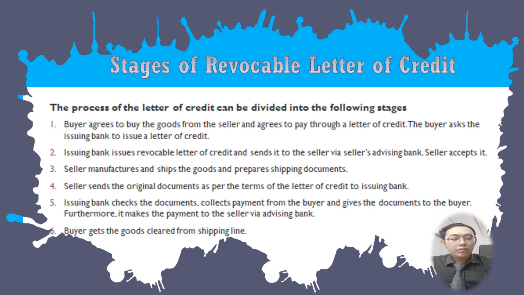Furthermore, it makes the payment to the seller through the advising bank. And the last stage, the buyer gets the goods cleared from the shipping line. In conclusion, the stages at which the issuing bank can revoke and amend the revocable letter of credit are stages 3, 4 and 5.